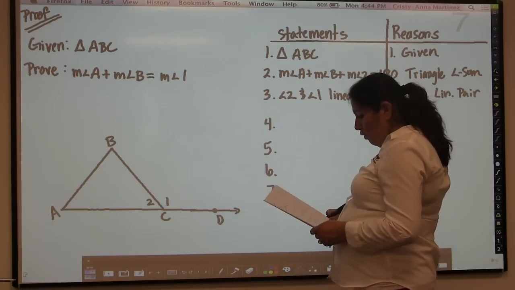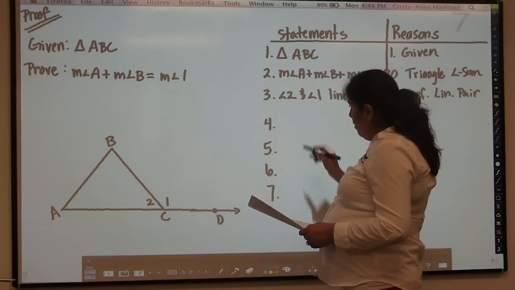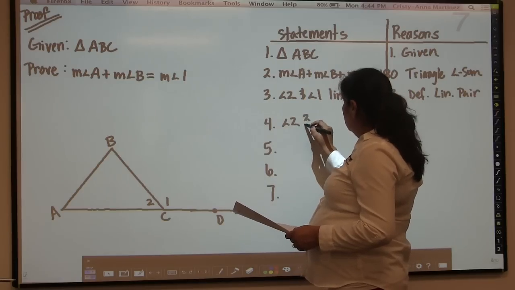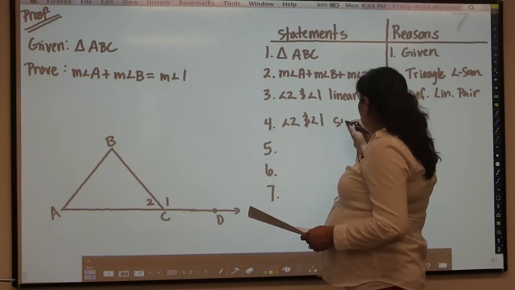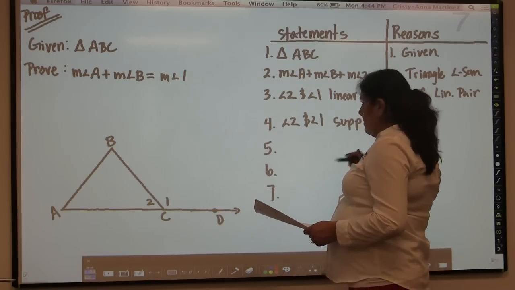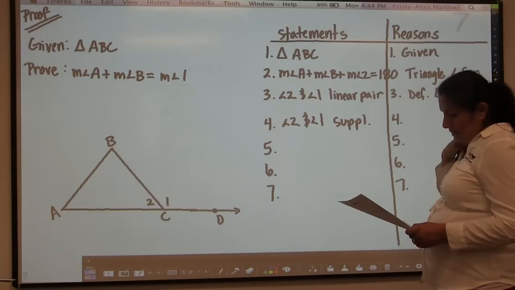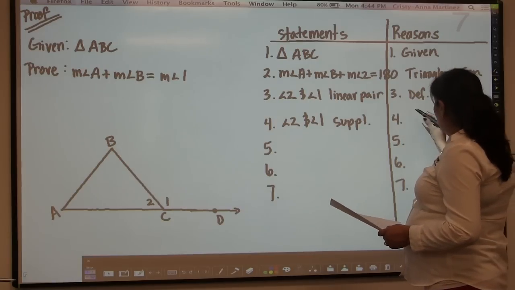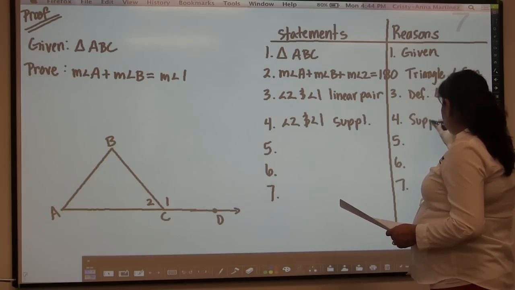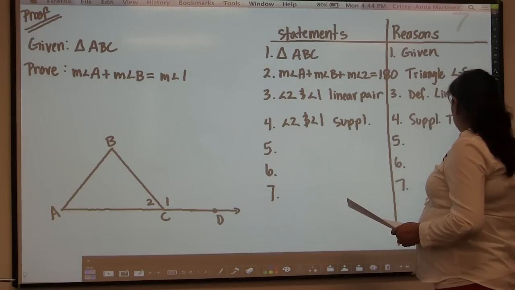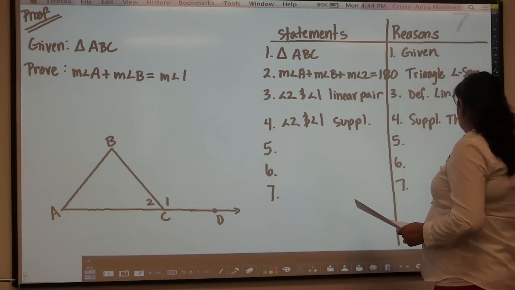And then in step 4, because they're a linear pair, that means that angle 2 and angle 1 are supplementary. And this looks a lot like our previous theorem. We had the same kind of situation happening there. And again, we're going to base it on the supplements theorem, from chapter 2, section 8.